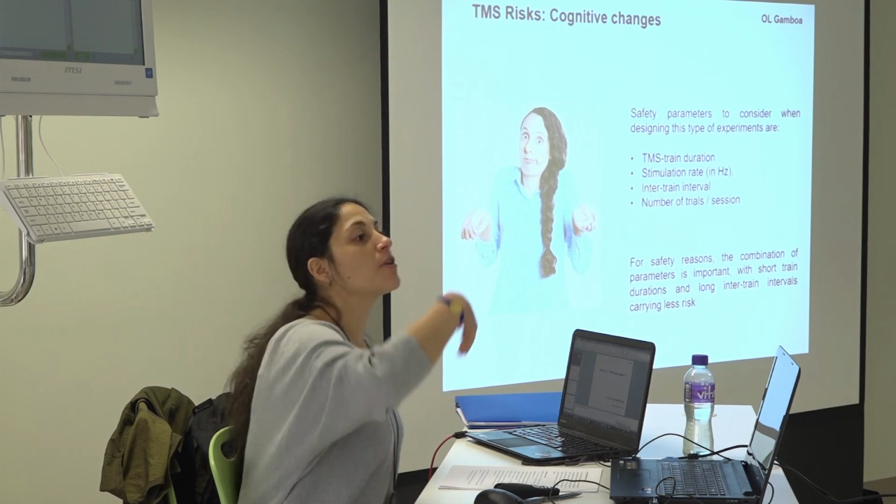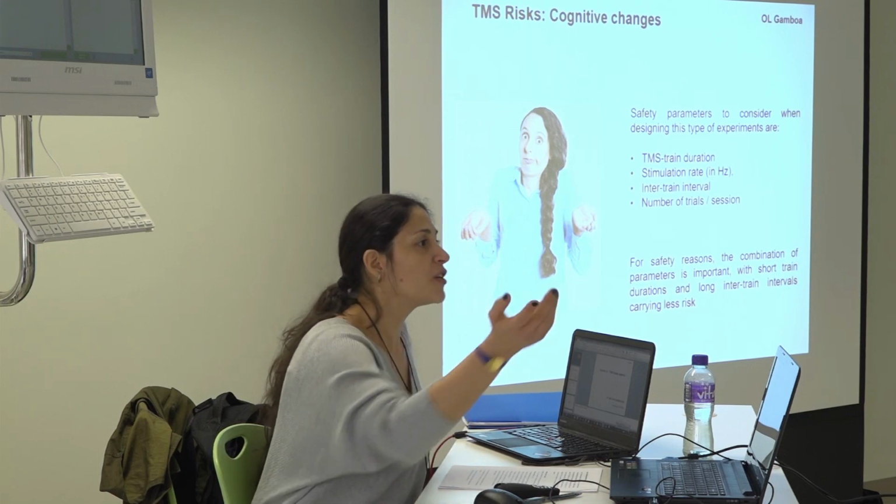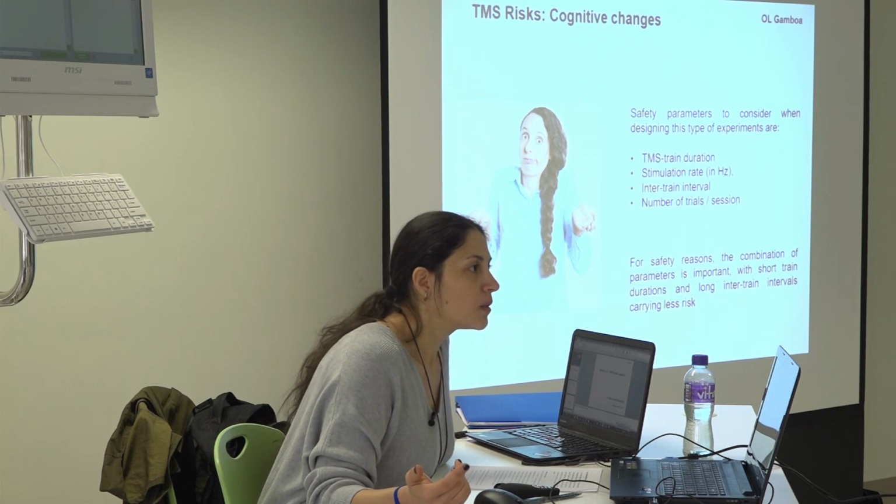It's not like I can apply pulses infinitely. We don't know what we are doing then. I'm saying you don't have cognitive changes with the protocols that we are working with, but it doesn't mean I can abusively stimulate you for 2 hours. I don't think it works like that. We need to follow certain guidelines, and that is what the guidelines are for.